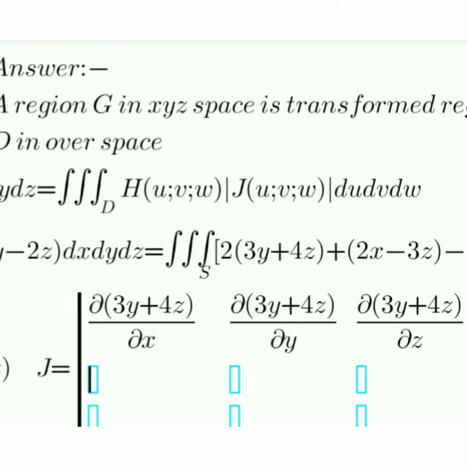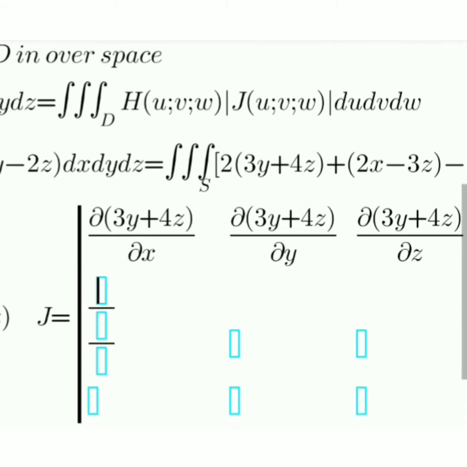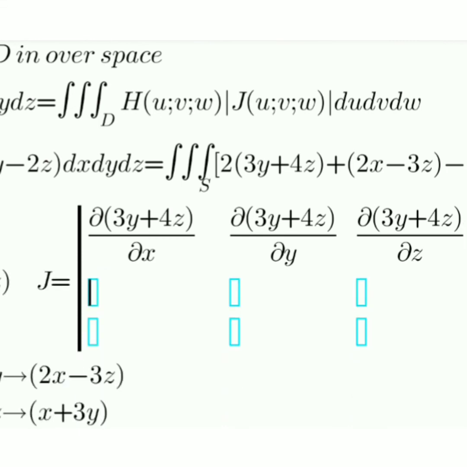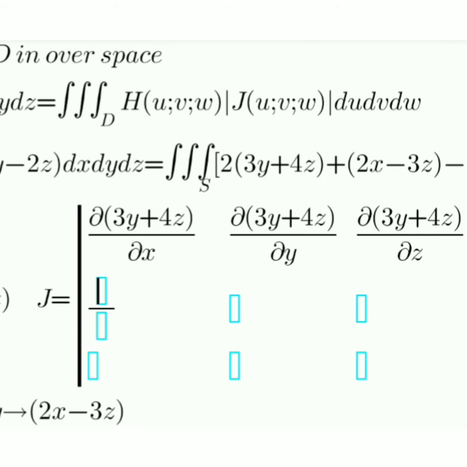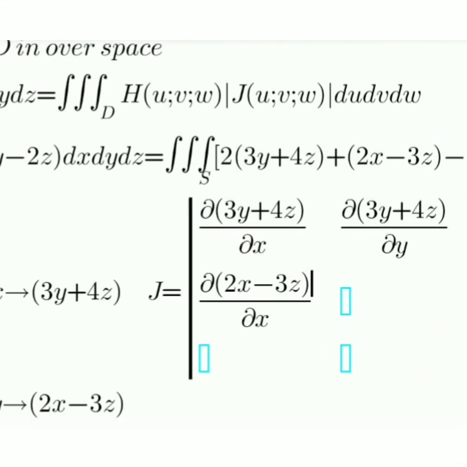And now next, friends, del x and 3y plus 4z means, friends, 2x minus, here y in terms of y is 3z. So friends, I just write this value 2x minus 3z.